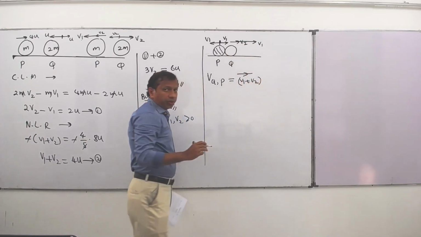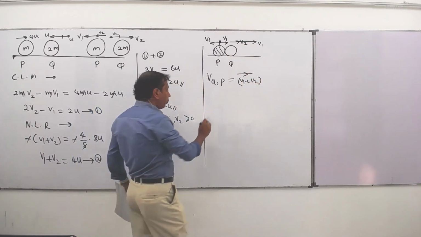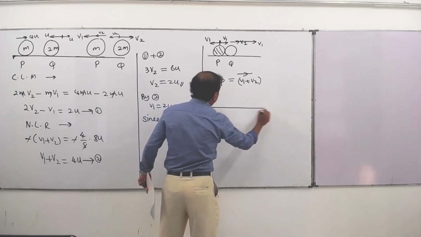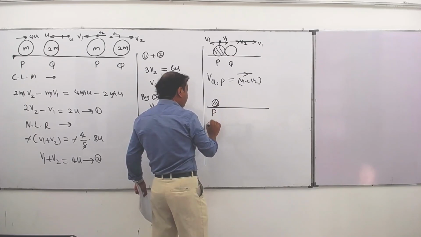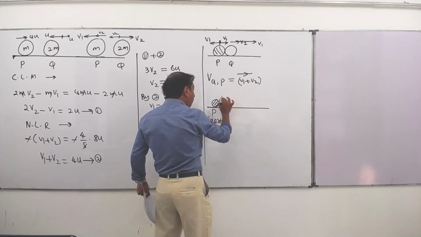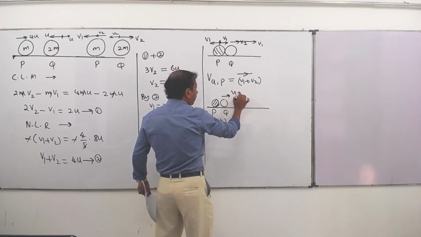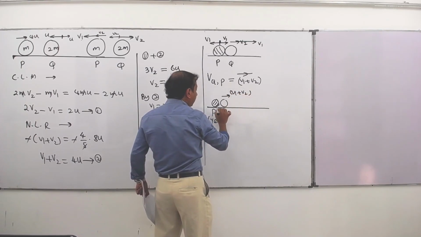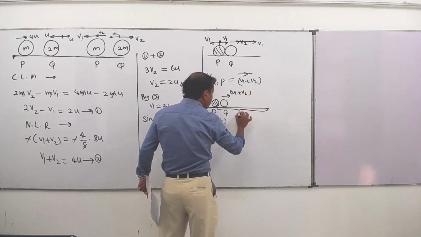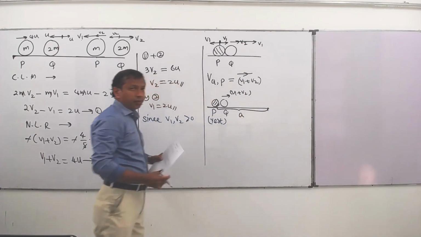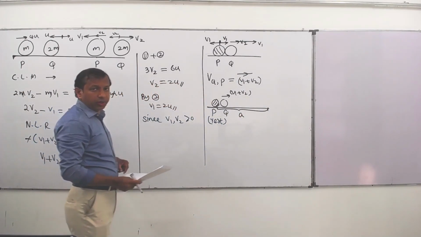Now the situation is this: P at rest, and Q going away from P with velocity V1 plus V2. We are asked the time it takes to go a distance a from P. Now we can apply S equals ut.